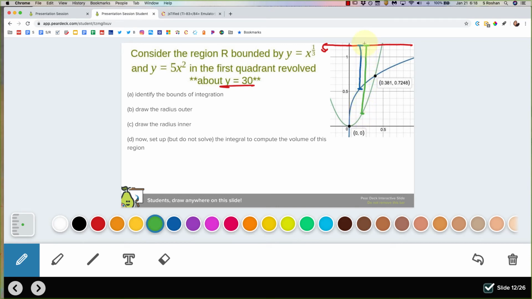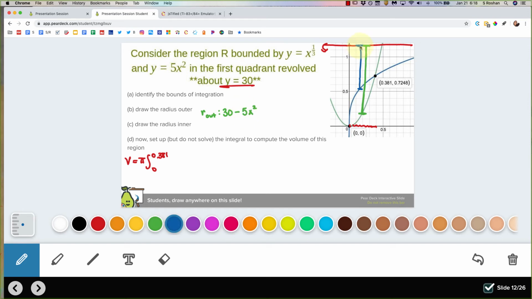From the curve to the line we're rotating about. That's like that. Our bounds of integration, we still have X slices here, right? So our X bounds are going to be the same, from 0 to 0.381 in this case. Just going to take the pi out because I know I'm revolving and I'm going to be using that. That's part A. Radius outer, that's the longer line. So in this one, it's the green one. And we have to go top minus bottom. So the radius outer, top is 30 minus, and the green one was the 5x squared.